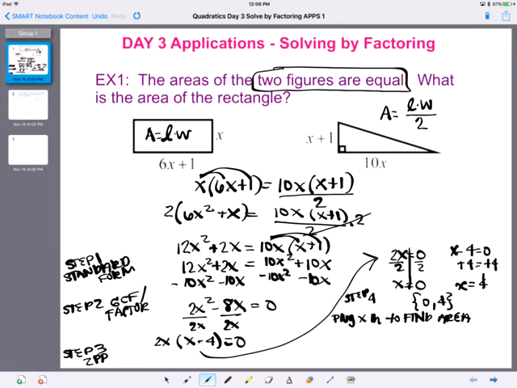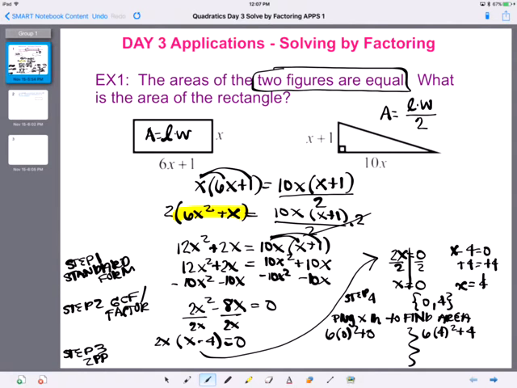We already multiplied x times 6x plus 1, and we got 6x squared plus x. So we're going to evaluate or plug 0 in for x. So 6 times 0 squared plus 0. And we're also going to plug 4 in. 6 times 4 squared plus 4.